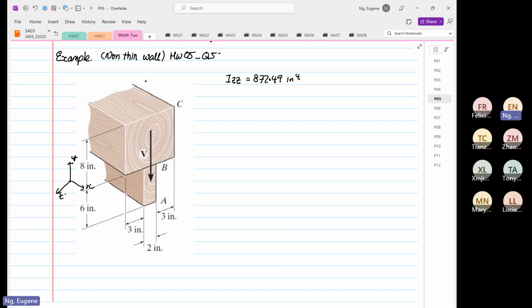So if I'm going to sketch, we are given the distance from here to here, right? 5.1053.